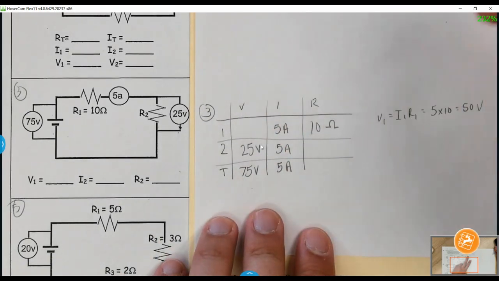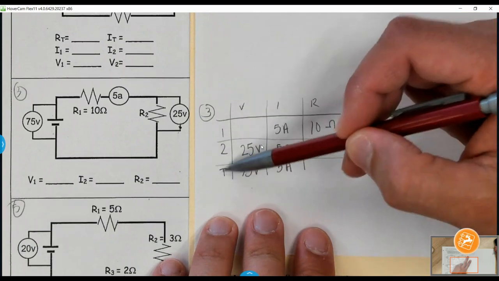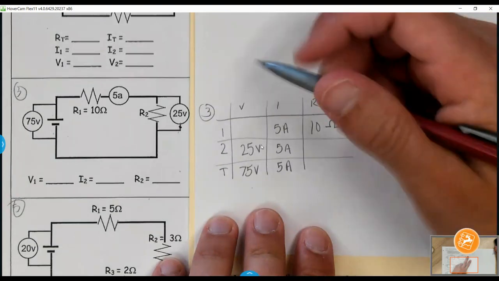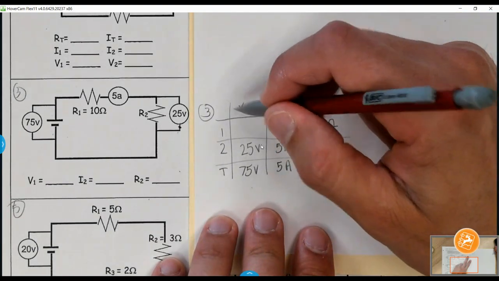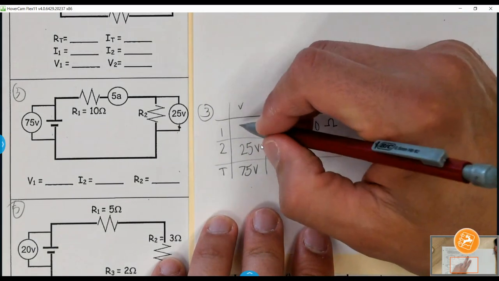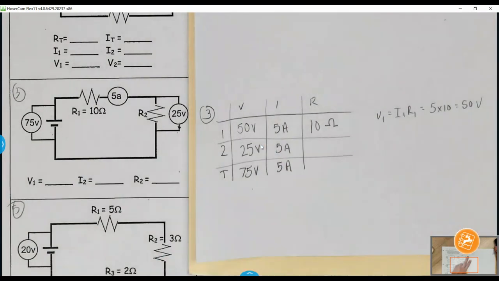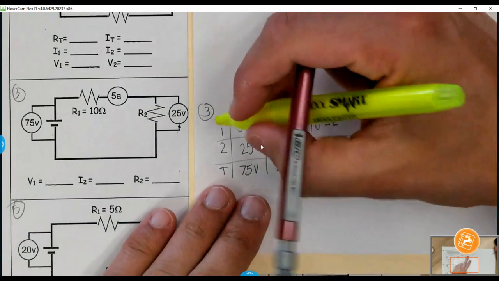Or, since I know that the total voltage has to be equal to these 2 added together, 75 minus 25 would also have given me 50. It checks out.